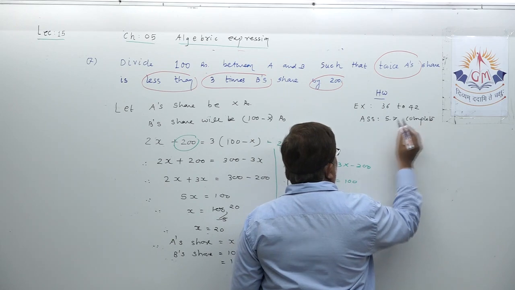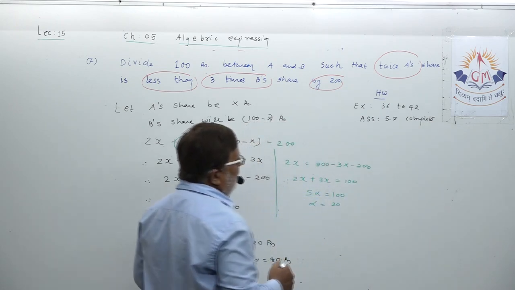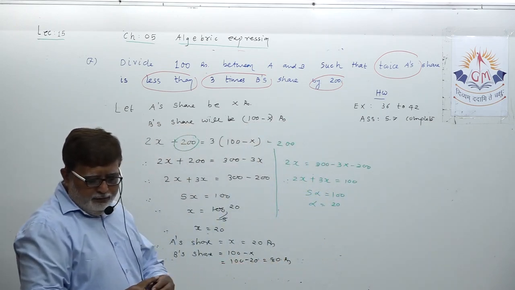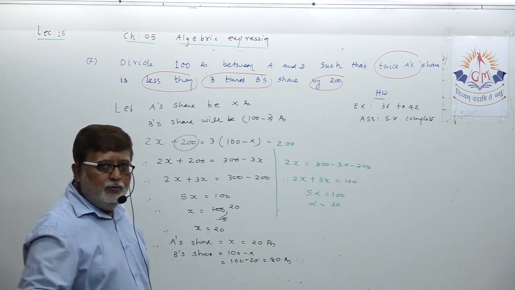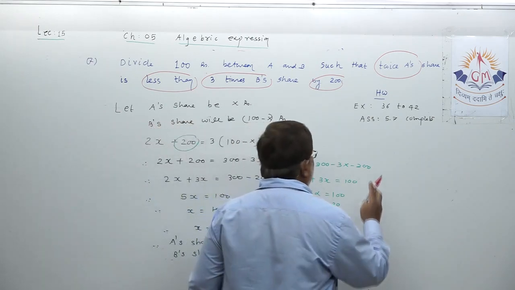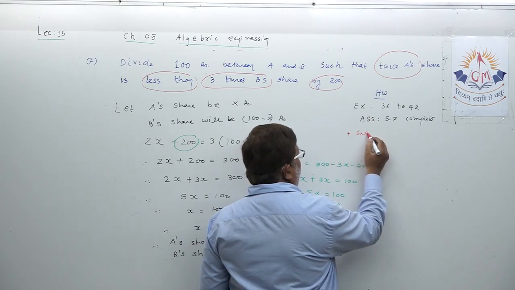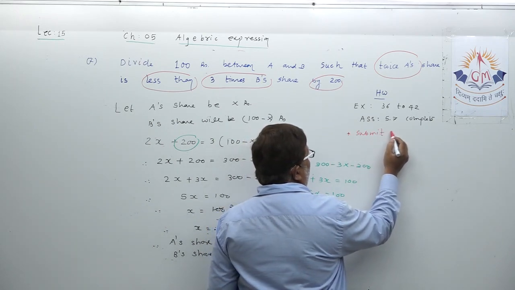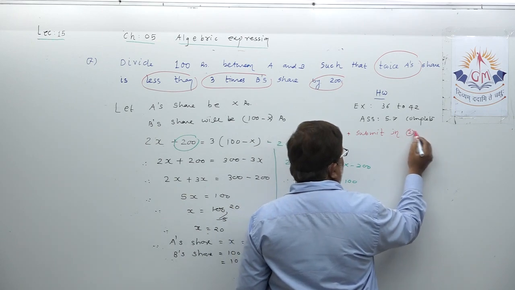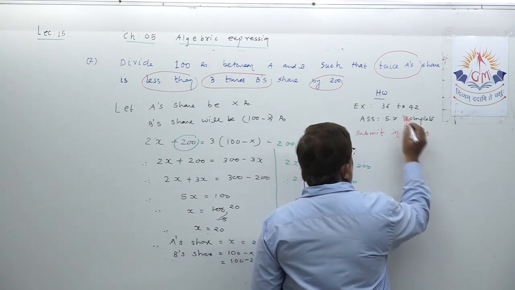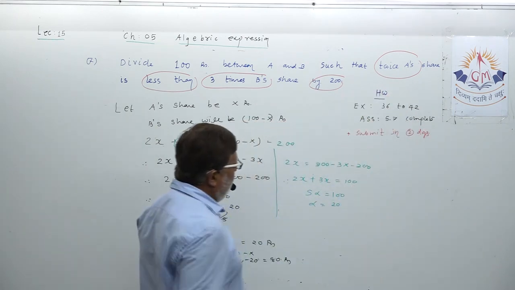That's why I am giving you sufficient time to submit. You can submit this homework to me, to associate, in 2 days time. I am noting it down. Submit this homework in 2 days, okay? This is the homework for you in today's lecture.